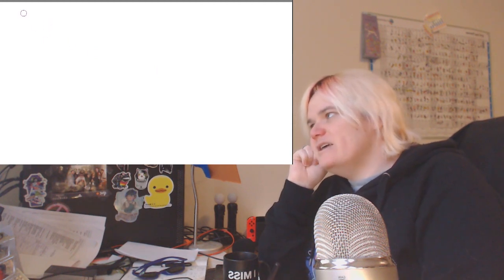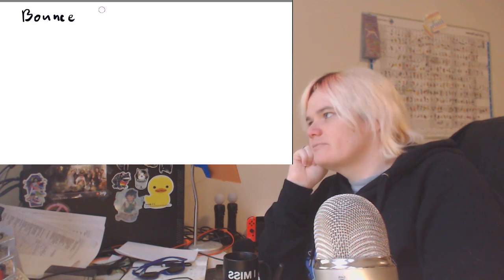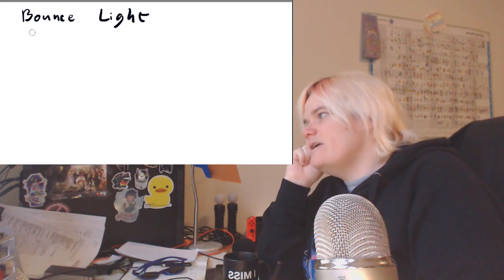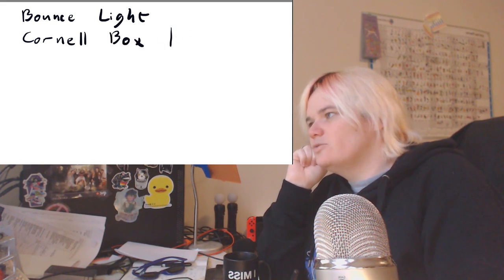Path tracing is great at bounce light. It's great at the Cornell box or the colored walls.